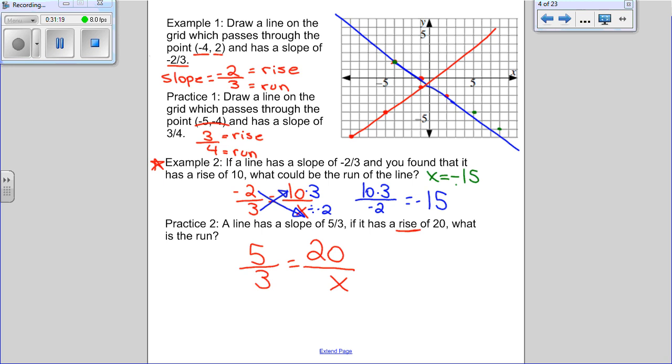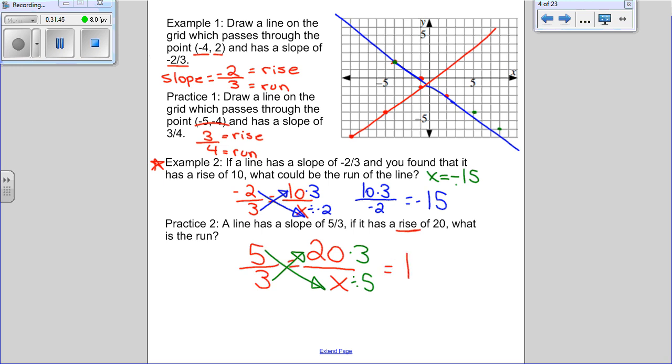Or you could cross multiply. So multiply that 3 to the top, and then divide that 5 to the bottom. 20 times 3 divided by 5 should equal... you should have a run of 12.